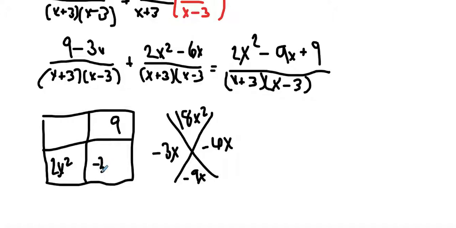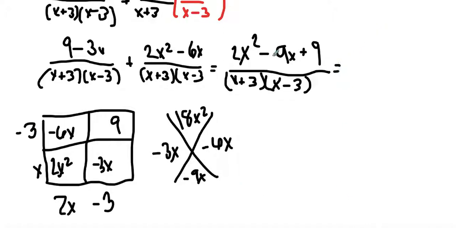I'm going to use those to figure out what my factors are. 2x, x, negative 3, negative 3 times negative 3 is positive 9.